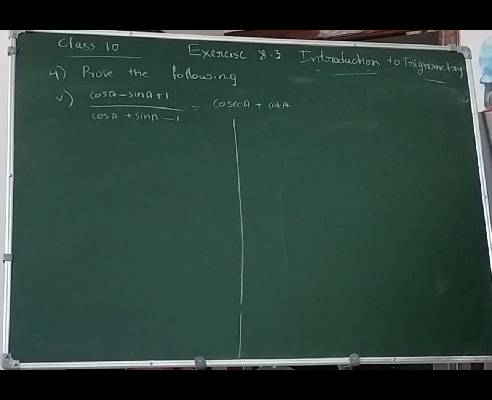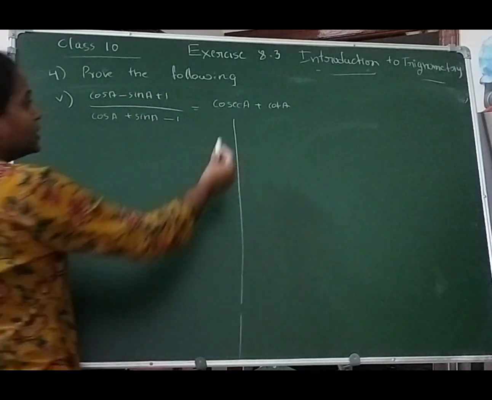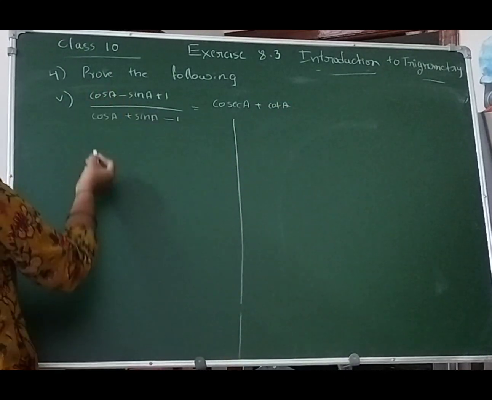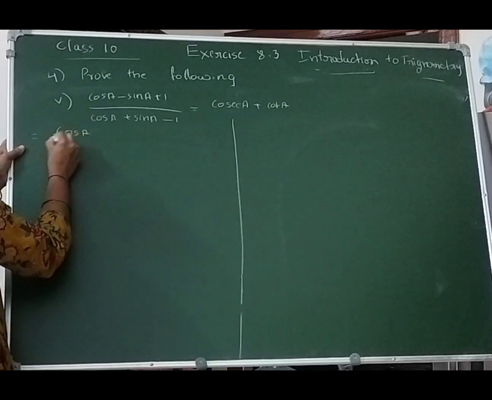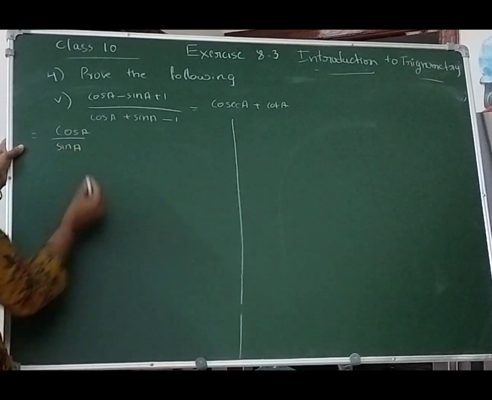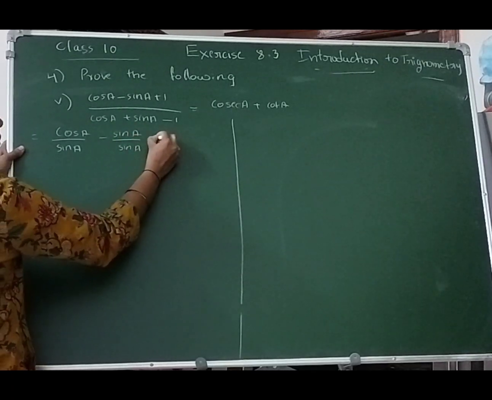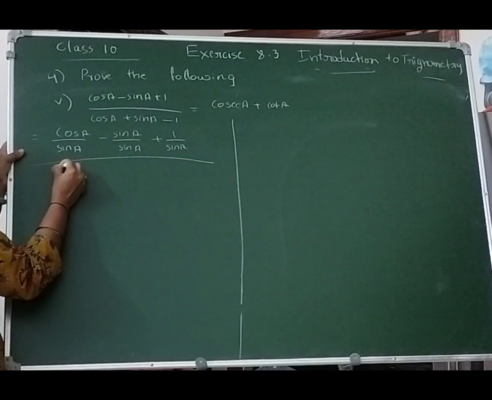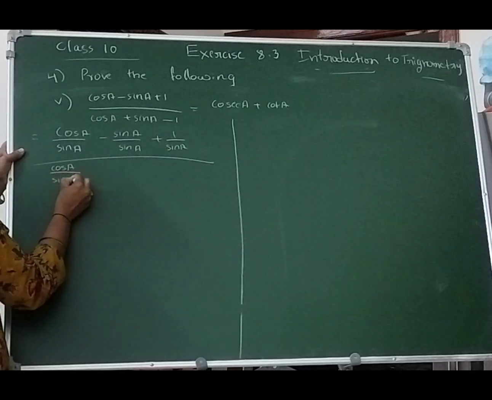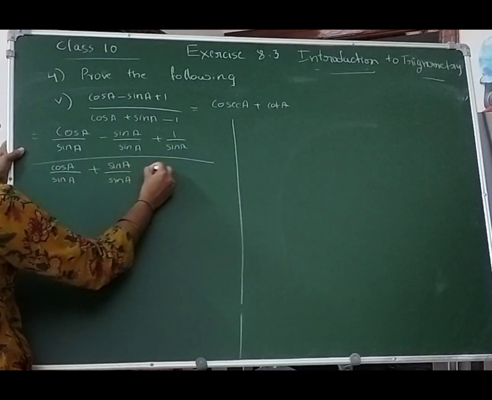Next, move to the fifth sub question in the fourth main. That is (cos A − sin A + 1)/(cos A + sin A − 1) = cosec A + cot A. The first step is dividing both numerator and denominator by sin A. So that is (cos A/sin A − sin A/sin A + 1/sin A) divided by (cos A/sin A + sin A/sin A − 1/sin A).